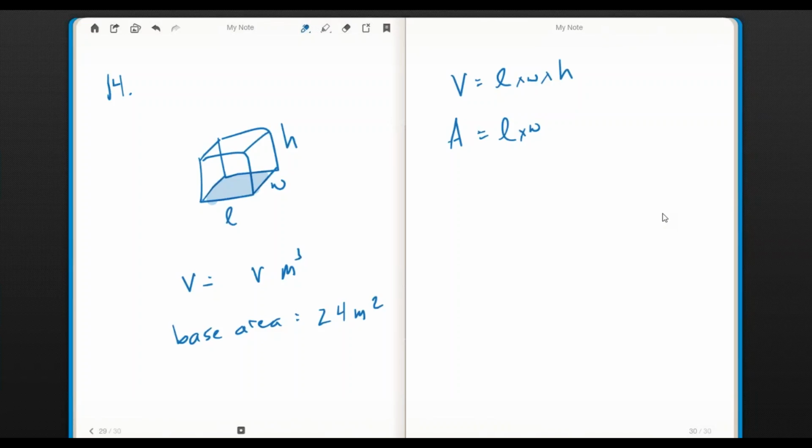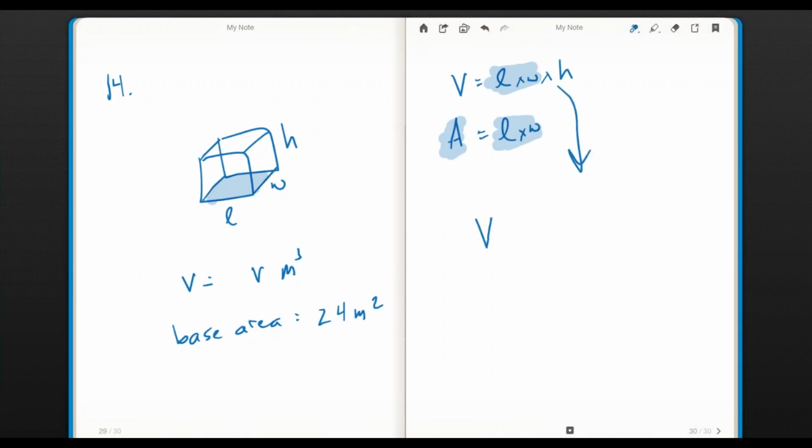For this particular problem, back on the left side, the volume is given as V cubic meters, and the base area is given as 24 square meters, and we're supposed to find the height of the cuboid in terms of V. Well, using this information, the area is a nickname for length times width.